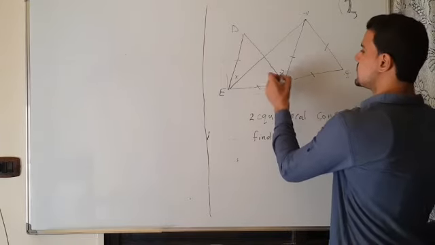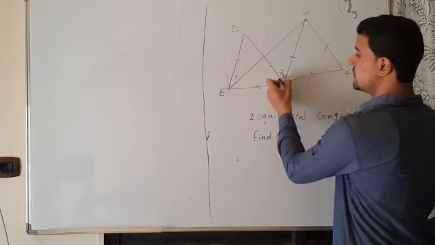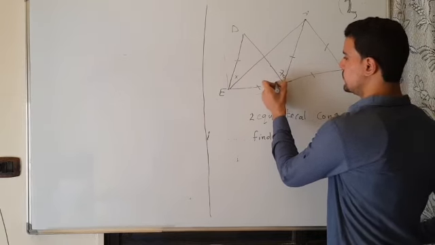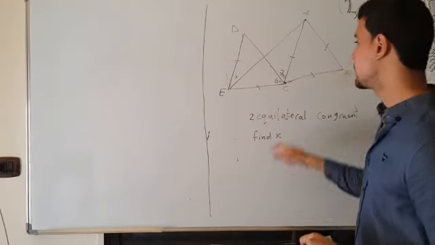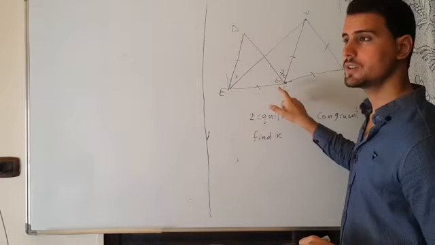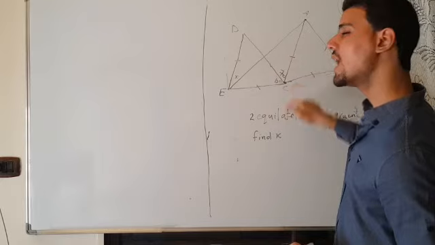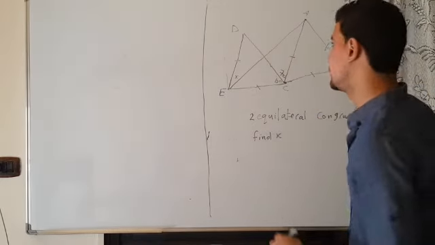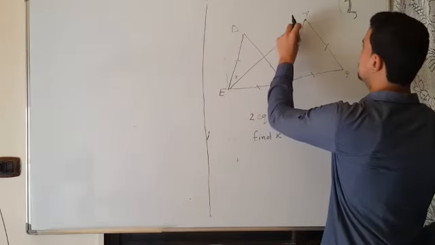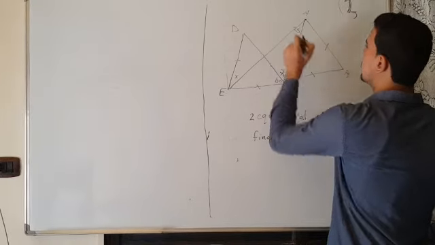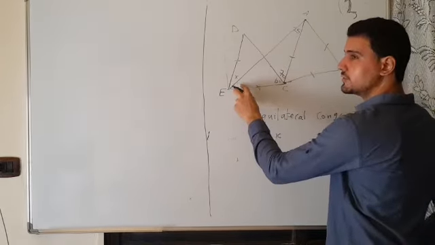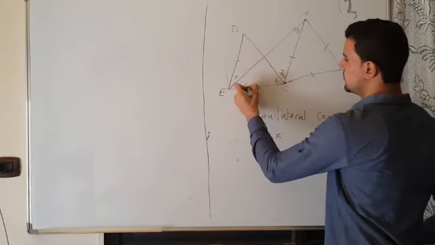So we have this 70 and this equal to, of course, you know it from the first time, it's 60. Now this in total is 130. And since we have an isosceles, it's easy to deduce that this is equal to 25. Also this equal to 25.